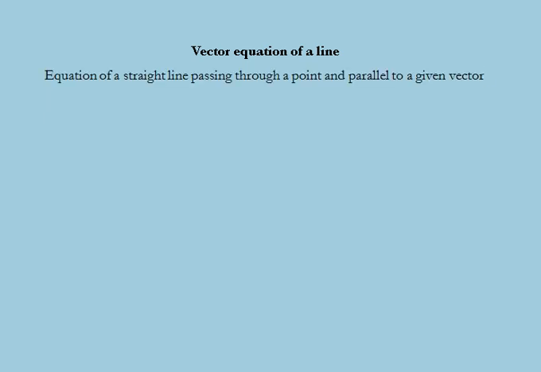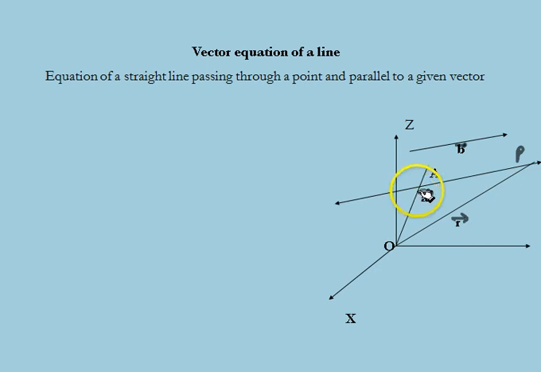Here we are going to consider a straight line that is passing through a given point and is parallel to a given vector. Let the line pass through a point A with position vector A, and let it be parallel to a vector B. Now let P with position vector R be any point.